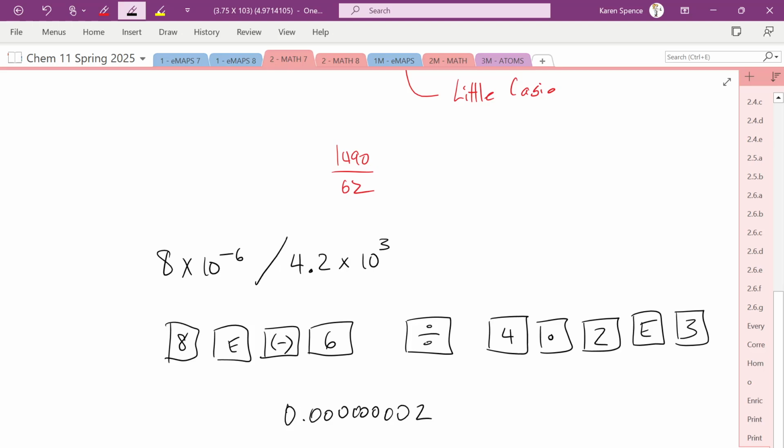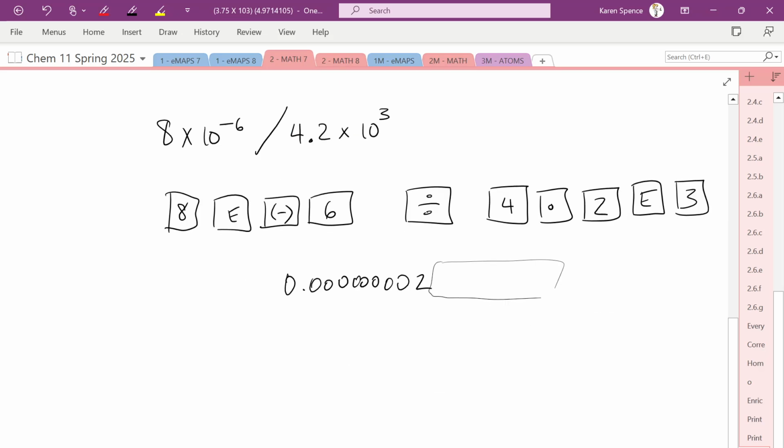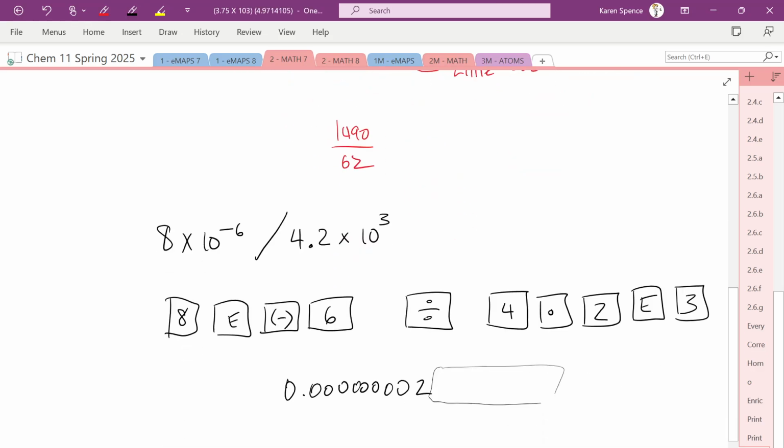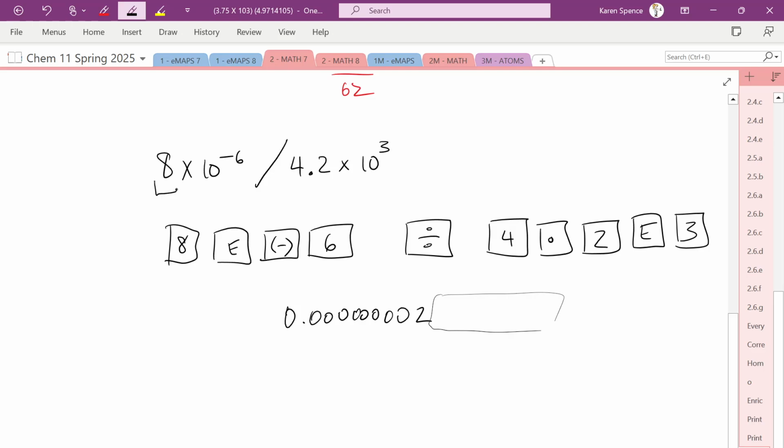There are other numbers here, but they're not on your calculator screen. They're hiding. Because I know this calculator, I could press mode 8, 9, and that would put it in scientific notation for me.